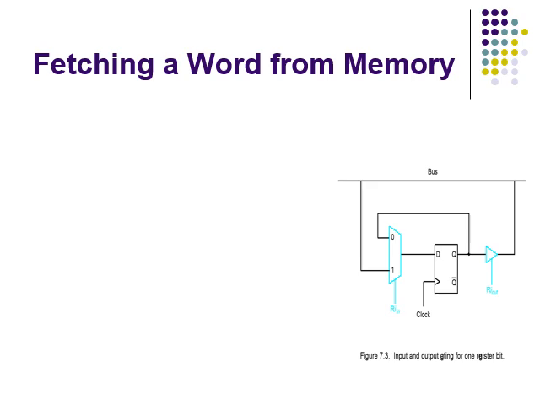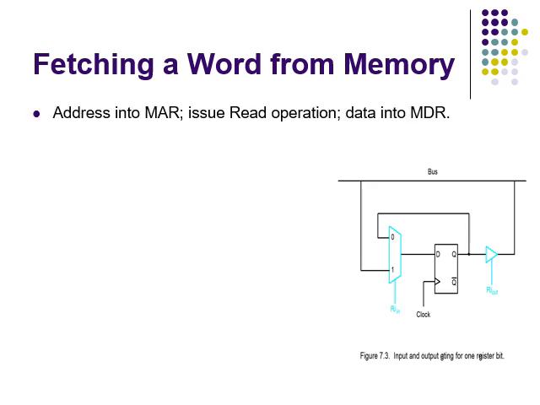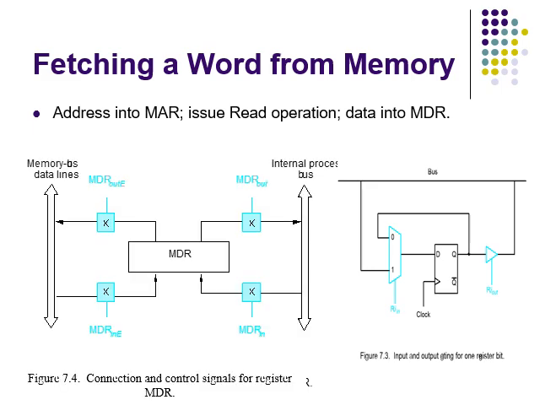To fetch a word from memory, the processor has to specify the address of the memory location where this information is stored and request a read operation. This applies whether the information to be fetched represents an instruction in a program or an operand specified by an instruction. The processor transfers the required address to the memory address register, whose output is connected to the address lines of the memory bus.